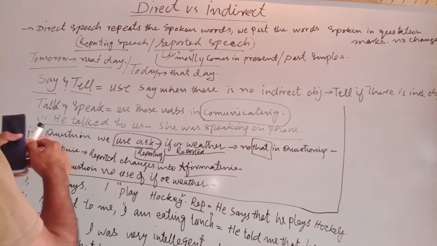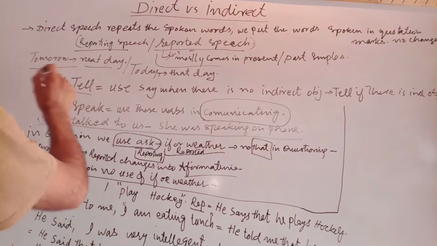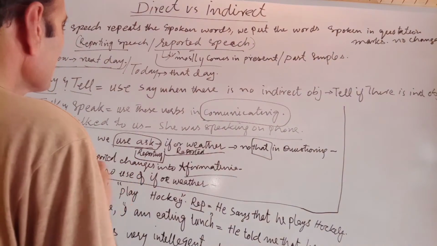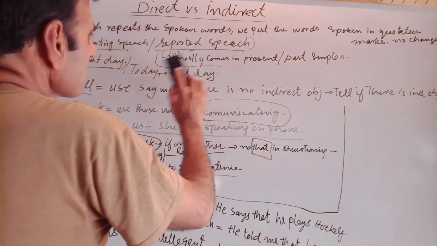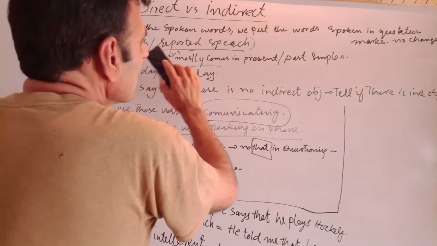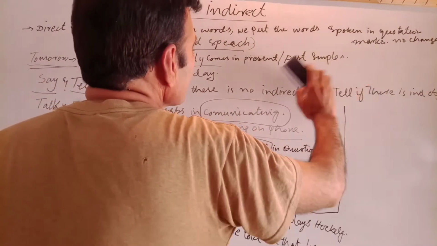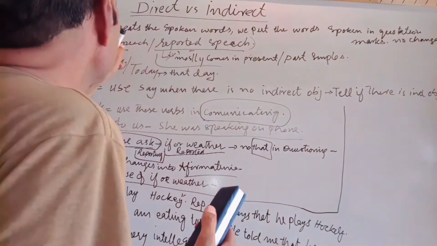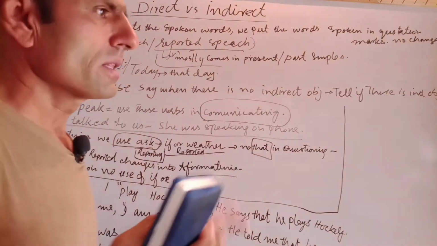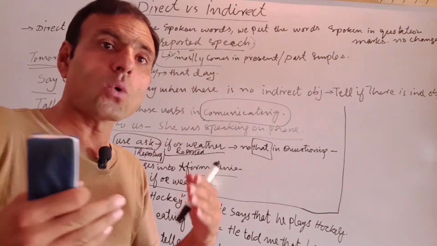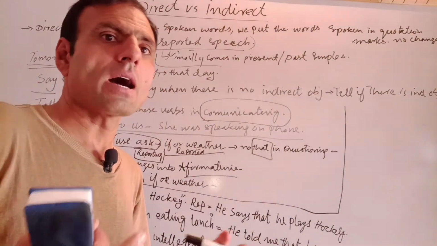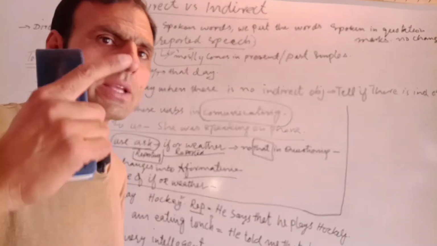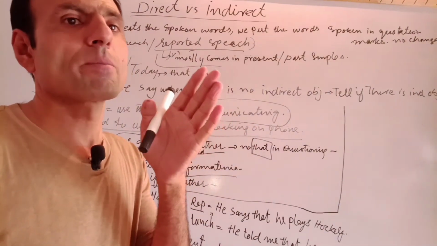Now, first of all, there is tomorrow and today. One other thing I wrote here: the reporting part of direct speech is mostly in present indefinite or in past indefinite.